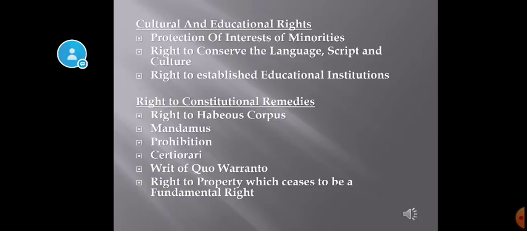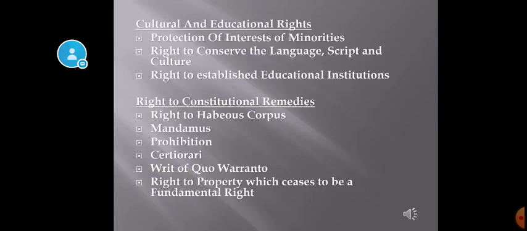Certiorari is the fourth writ. The term certiorari means to be informed of what is going on. By this writ, the lower court is asked to hand over the record of a particular case to the higher court. Our fifth writ is quo warranto.